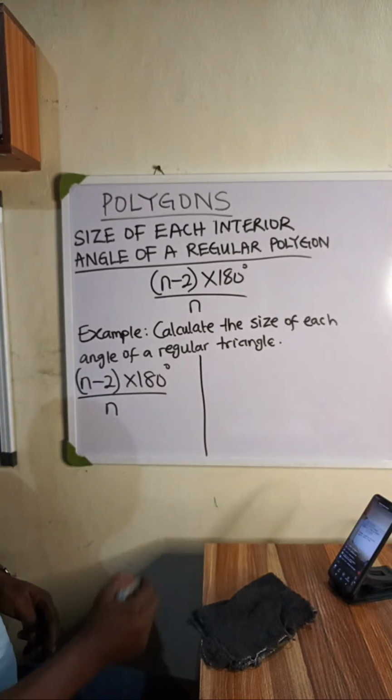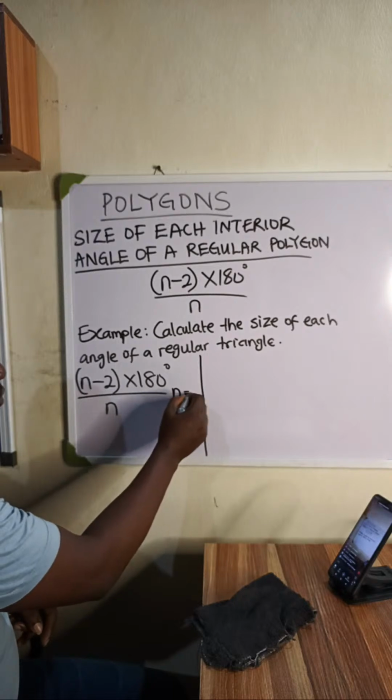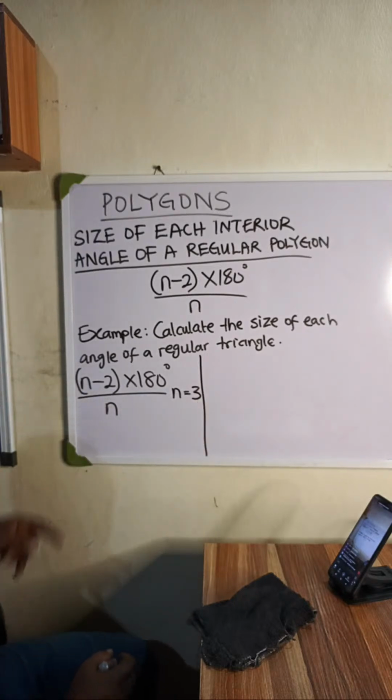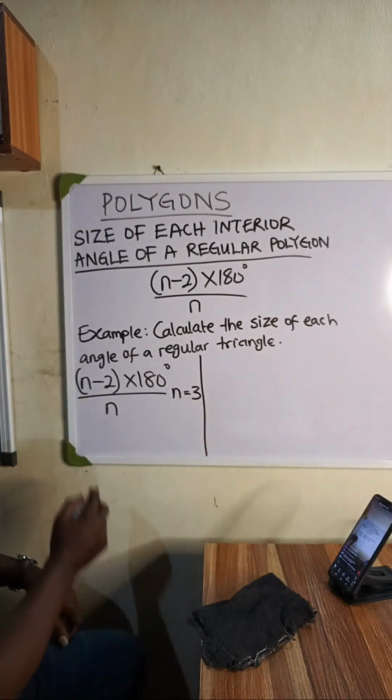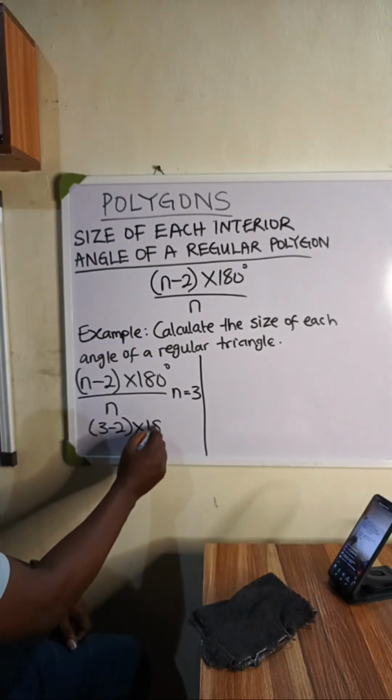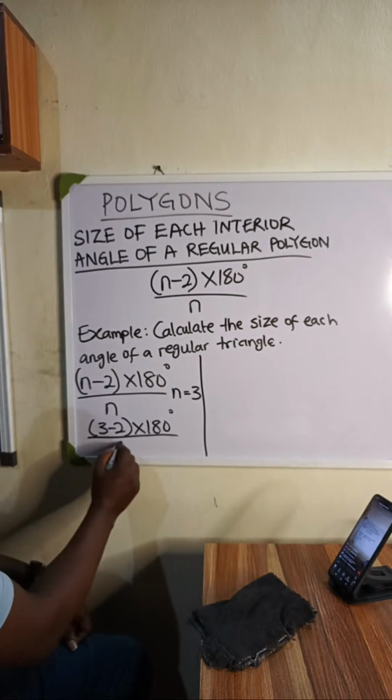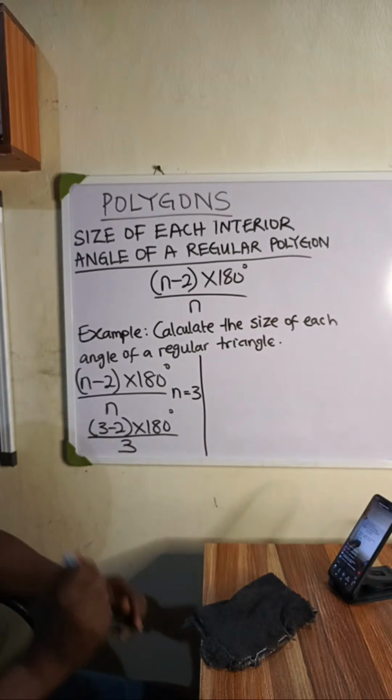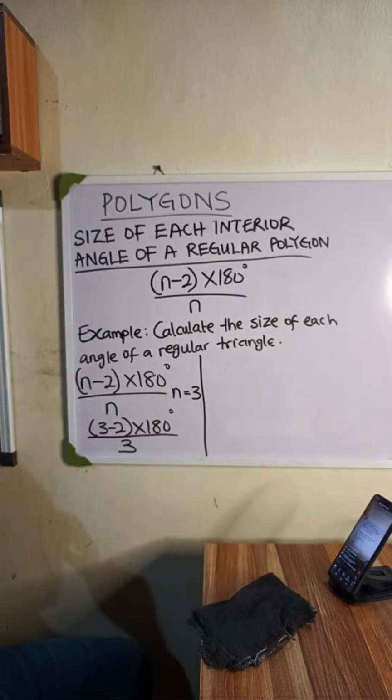And we know that for a triangle, n is equal to 3. So we have 3 minus 2 times 180 degrees all over 3.